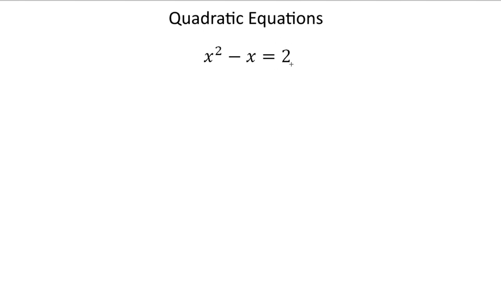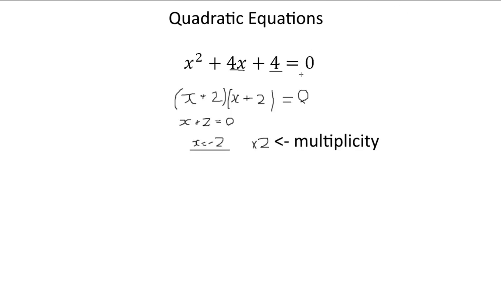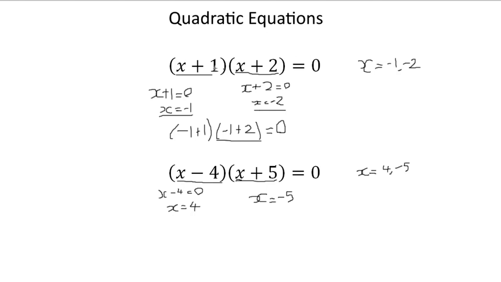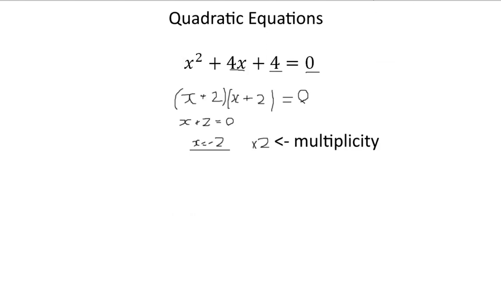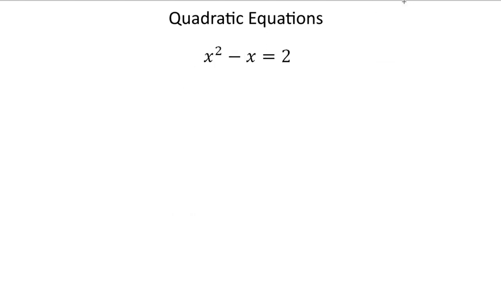Remember that when you solve quadratic equations, you can only do it when you have equal to 0, such that this method will work and you can get a valid answer. And it's the same for other methods as well, such as using the quadratic formula, completing the square, as we'll do in future videos.